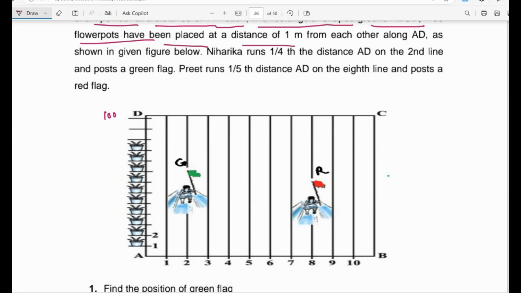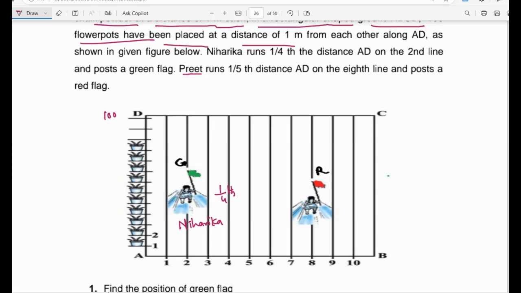So this is Niharika. She moves 1 by 4th of the distance, then on the second line she posts a green flag.